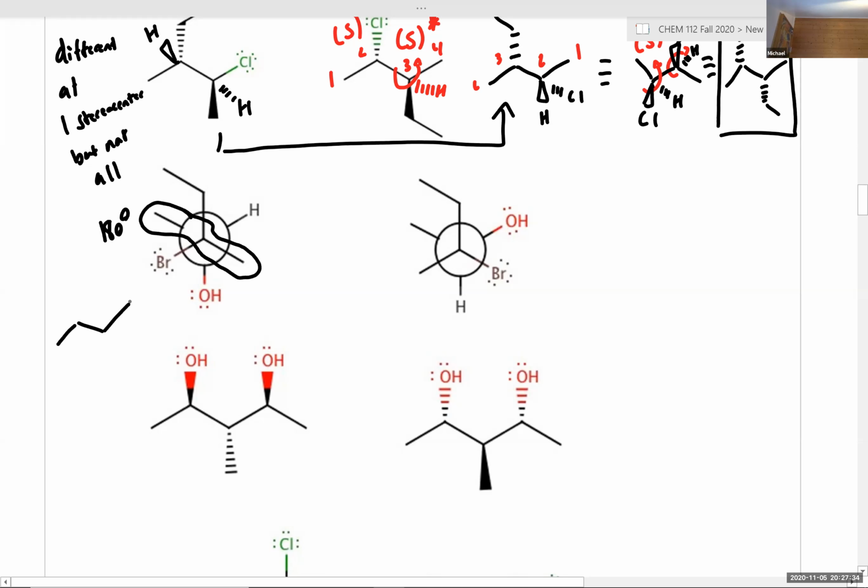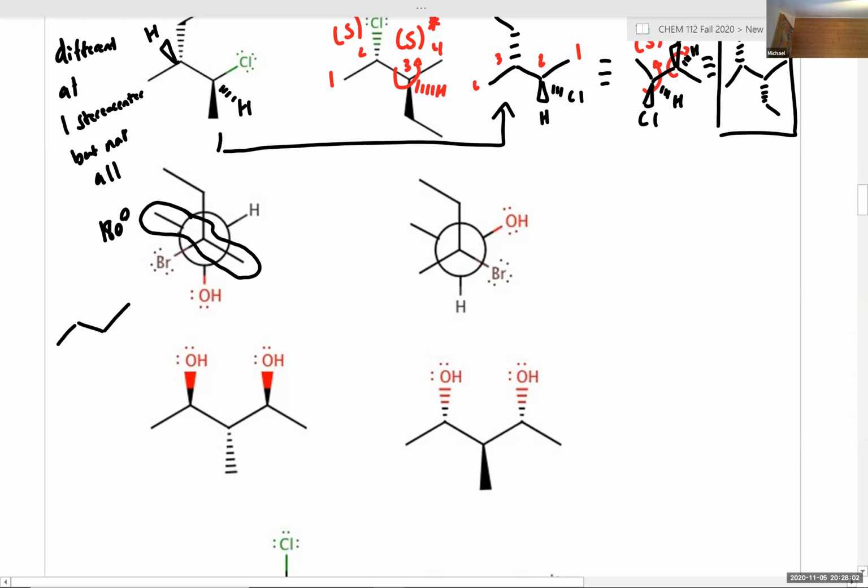Okay, now that you have that set up, we're going to see what happens in our model kit as we rotate this structure. Just like before, we have our ethyl group pointing up top.